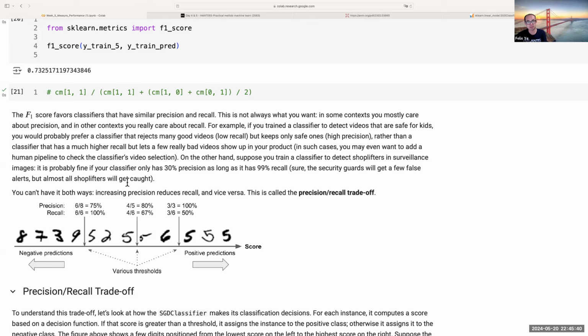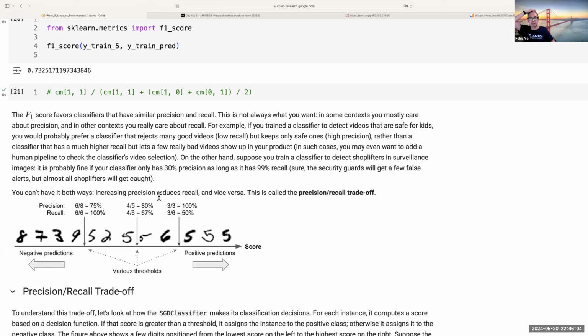So you cannot have it both ways by changing this threshold. Increasing precision always reduces the recall and vice versa. This is called the precision recall trade-off, and you cannot get both things very high by setting the parameters.